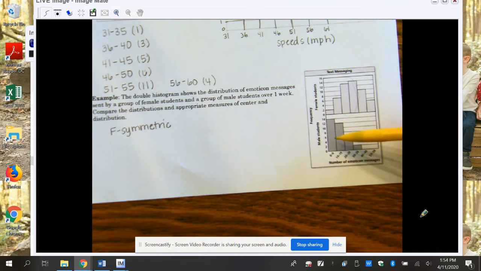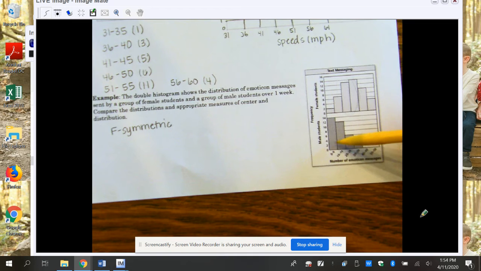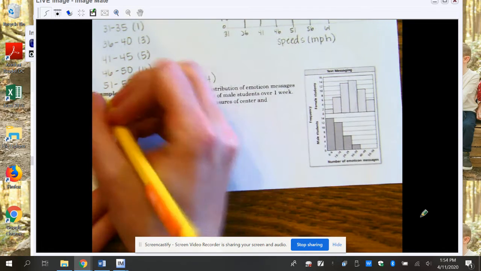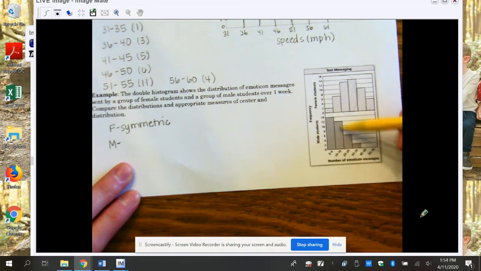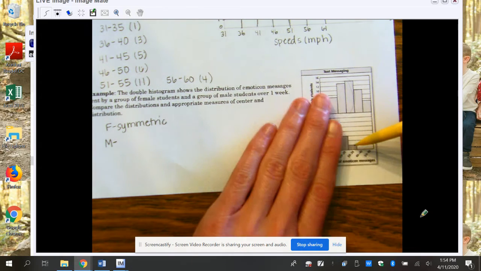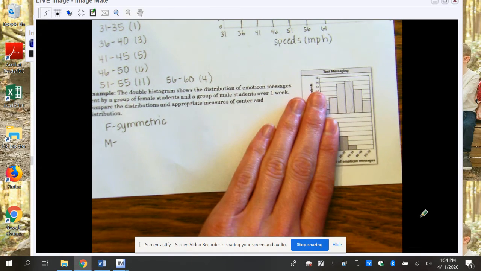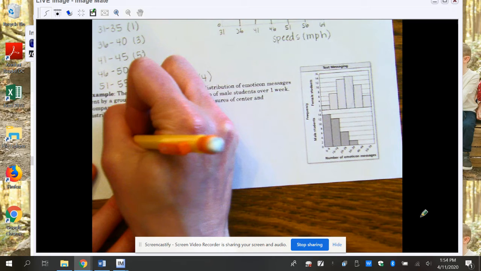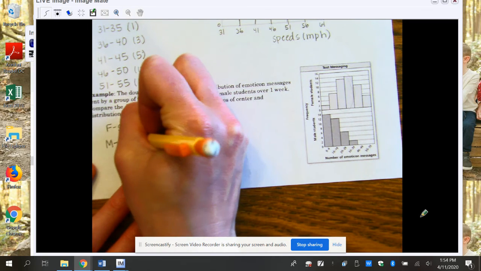So not as many emoticon messages are used with male students. So if most of the data is on the left, remember that means that our right whisker would be longer. Our box and whisker chart would be pretty compact over here with a longer whisker on the right. So we would say this is skewed right.